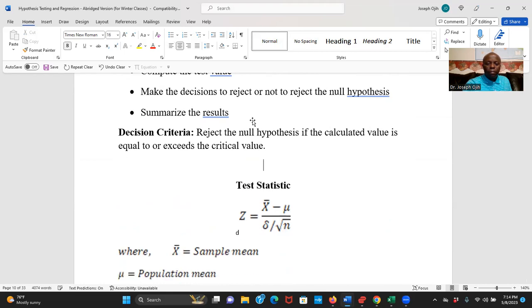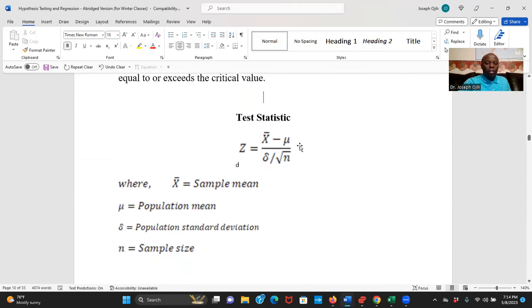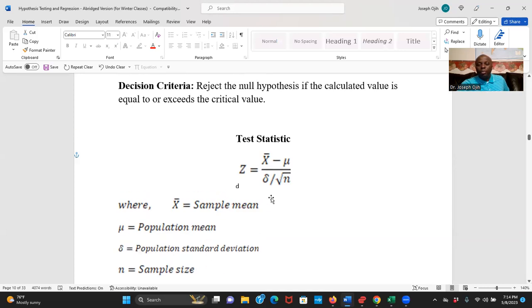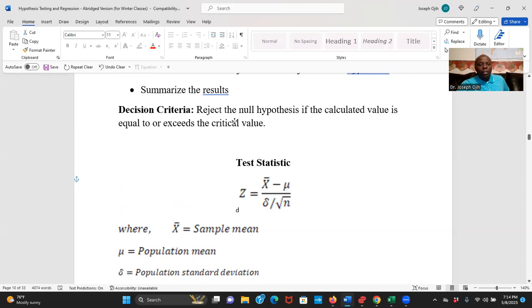The test statistic is Z equals X bar minus mu divided by sigma over root n, where X bar is the sample mean, mu is the population mean, sigma is the population standard deviation, and n is the sample size.